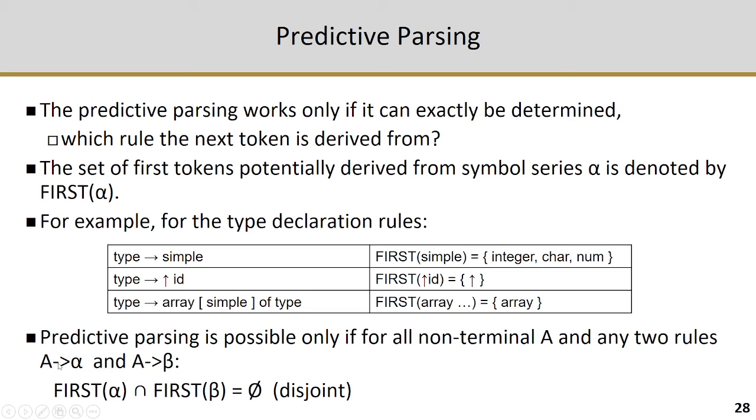So if the same token can be generated from more than one grammar rule for the same non-terminal, then predictive parsing is not possible.